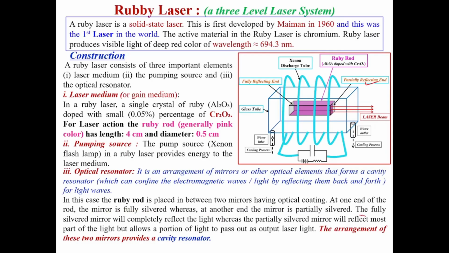The fully silvered mirror will completely reflect the light, whereas the partially silvered mirror will reflect most of the light but allow a portion to pass out as output laser light. So as it is partially silvered, half the portion will be reflected back into the ruby rod and the other half will come out from this instrument as laser light.